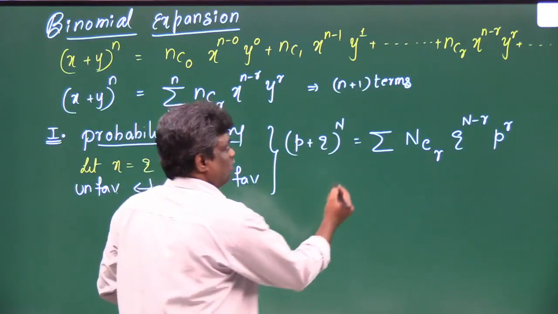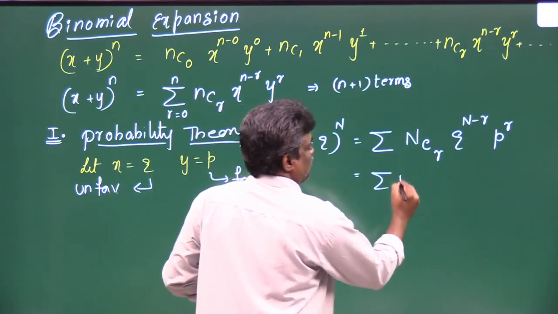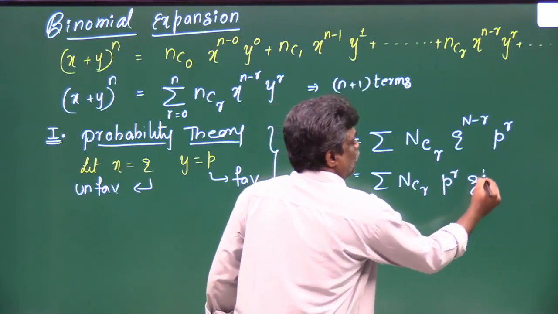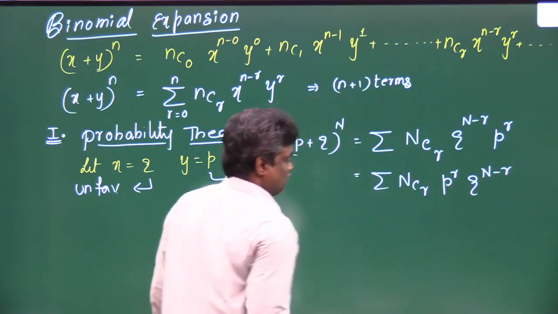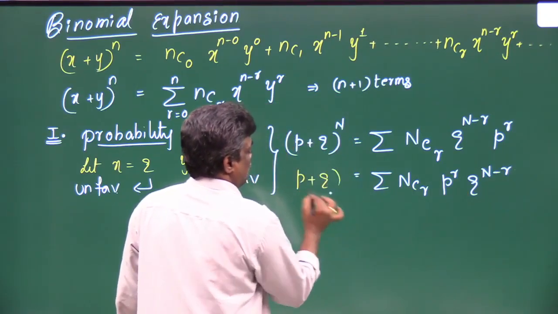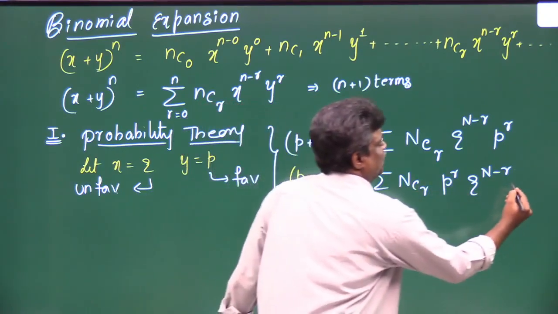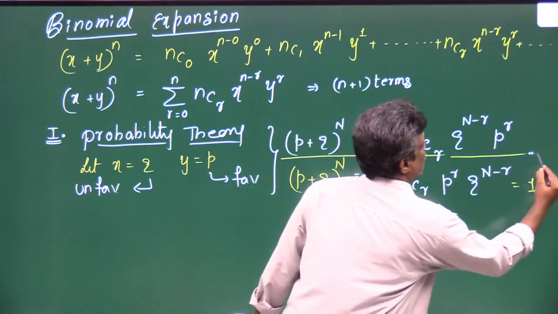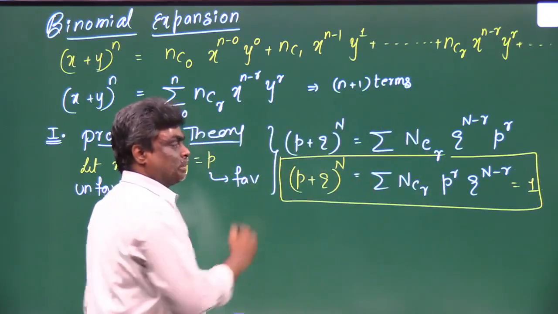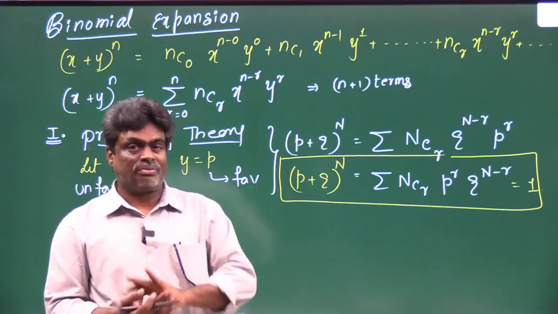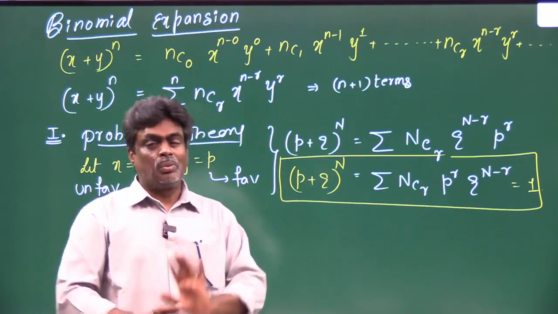Let me rewrite this: summation NCR p power r into q power N minus r. So this is the binomial expansion of (p plus q) whole power N. Definitely this must be equal to 1, because p plus q is always equal to 1 in probability theory. P is favorable and q is unfavorable, so the sum should be equal to 1.